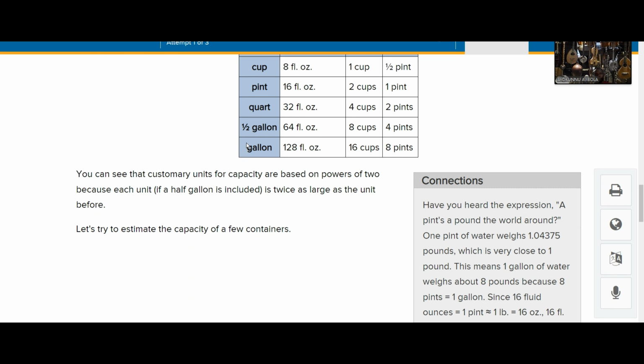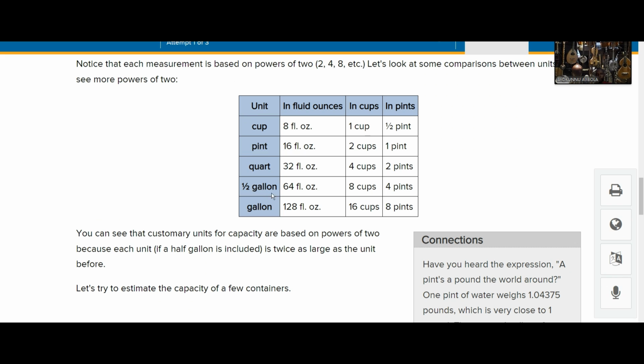So here, look at gallon. This is half gallon, okay? Is that clear? Yes. So a gallon is going to be 16 cups, that'll be 128 fluid ounces, and that'll be 8 pints. Half of the 16 cups is 8 pints.